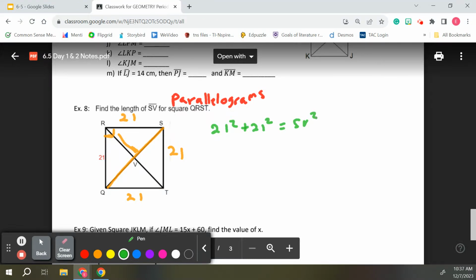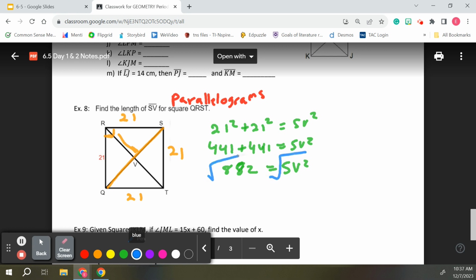21 squared is 441. I add those together, I get 882. And then I'm going to take the square root of each side.